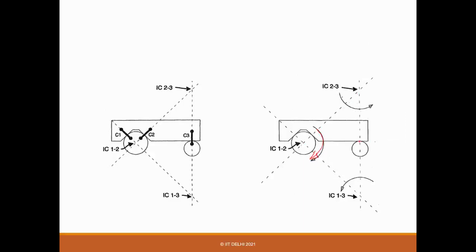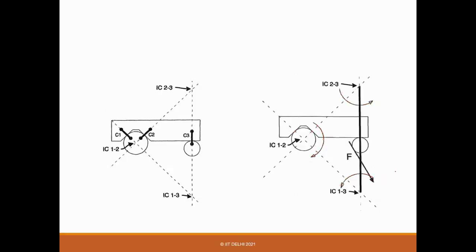If I'm talking about C23, there should be a resultant moment which allows this contact. And for C13, there should be a resultant moment acting in this direction. So any force we are talking about should ensure all these three, right? Then only it will work.